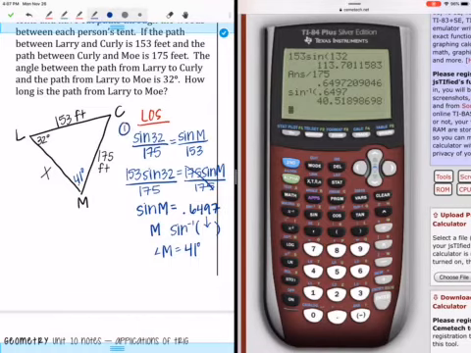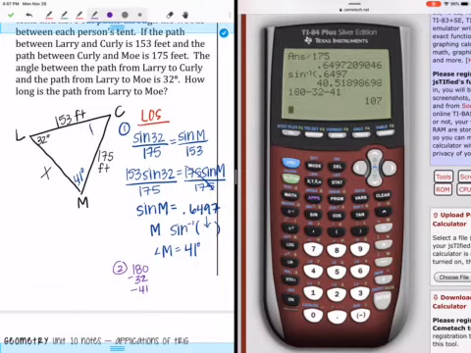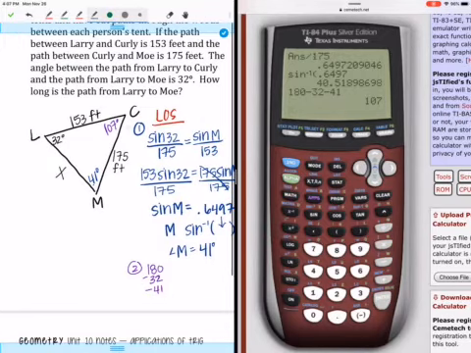So secondly, now that we know 2 of the angles, we can easily find the third by subtracting 32 and 41, and we get 107. And then our last step would just be to do law of sines again, now looking at this pair.